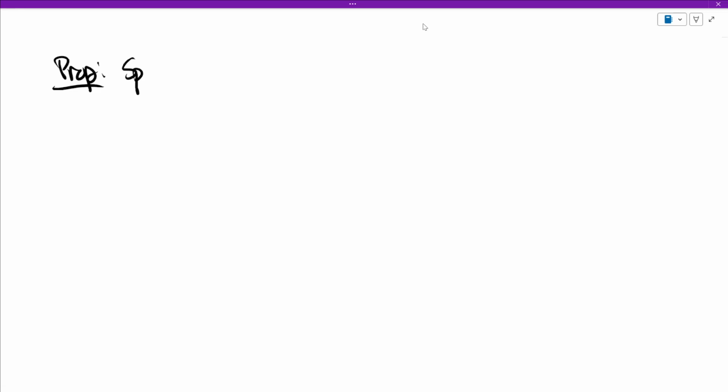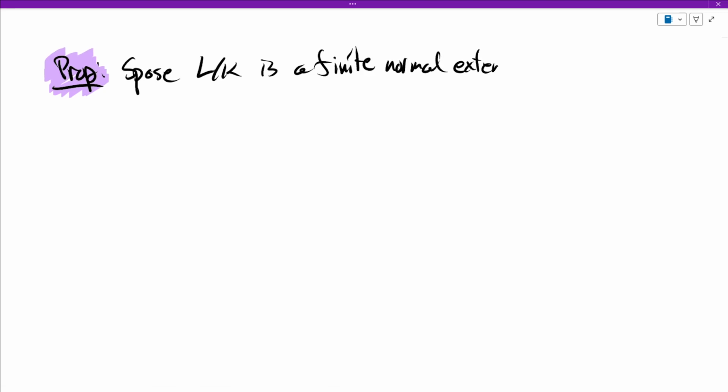So suppose that we have a finite normal extension. So again, think in your mind splitting field. And alpha and beta in L are zeros of the same irreducible polynomial.